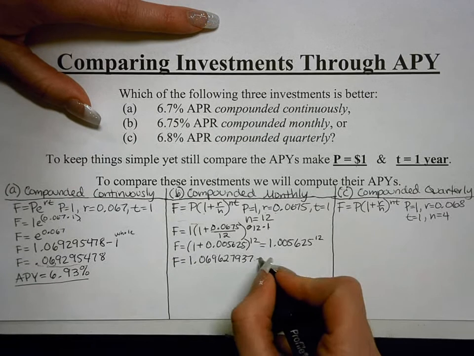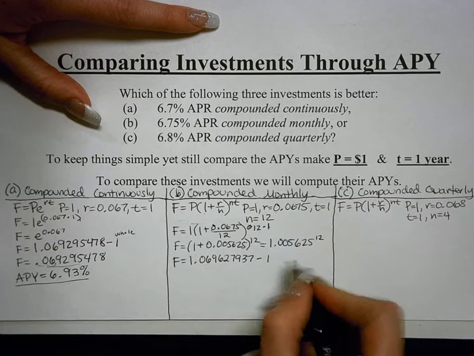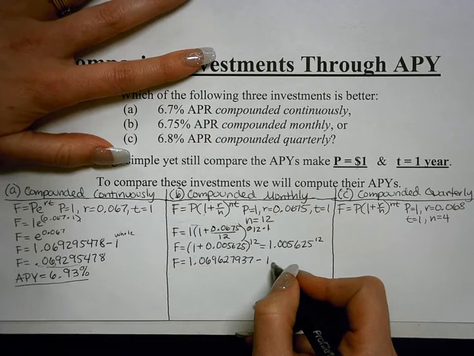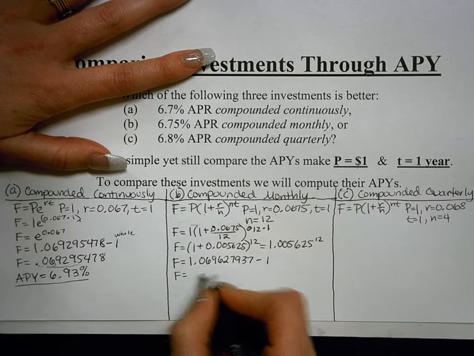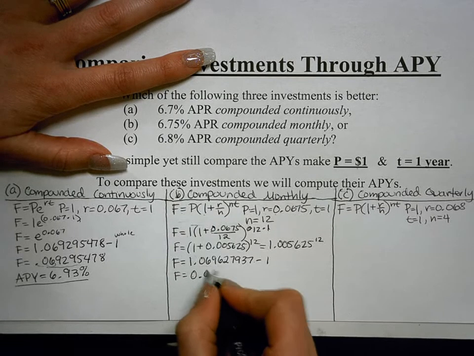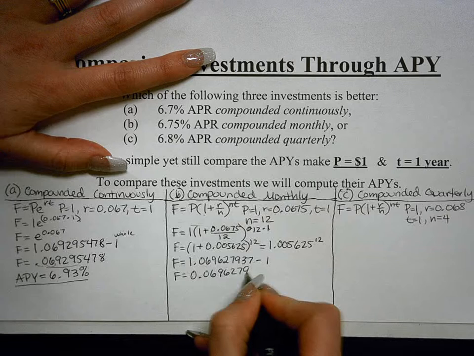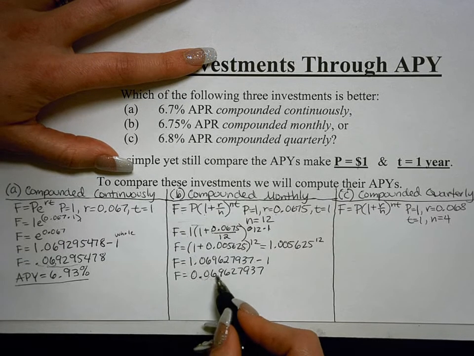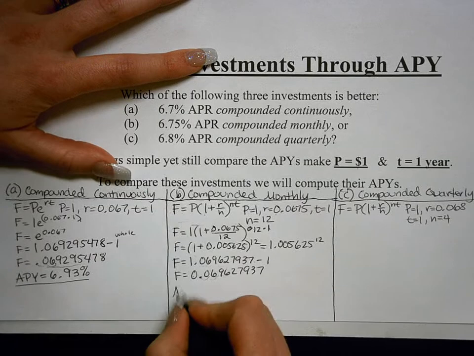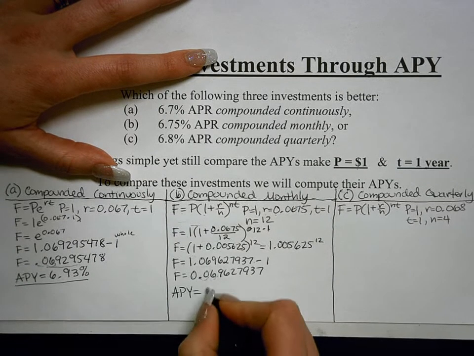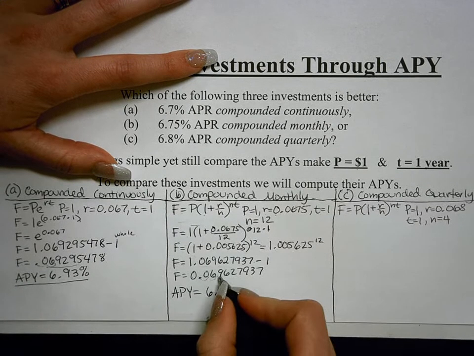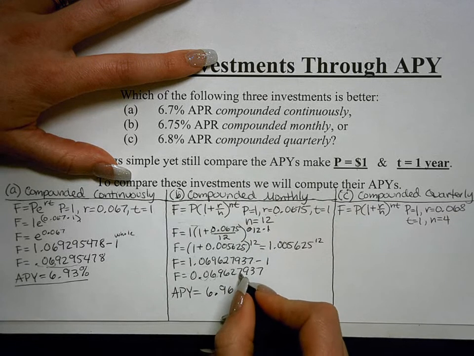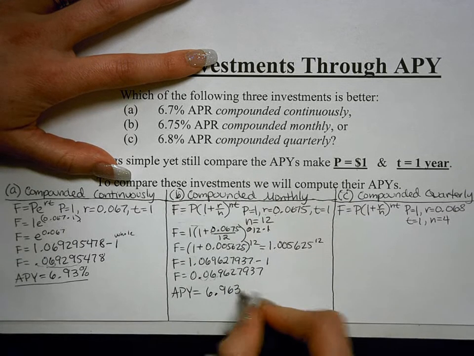So what we need to do is subtract the 1 away from it, and what we end up with is F equals 0.069627937. We convert this to a percentage, move it 2 places to the right, and we get our APY equals 6.96, and I'm just going to round it to this. The 7 is going to round that 2 up to a 3%.